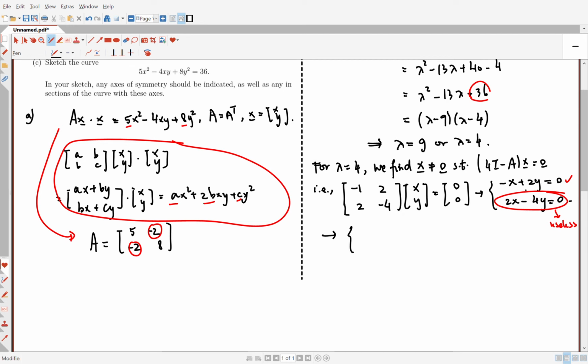If I let my y be a free parameter t, then from here I know that x is just 2y, so it is 2t.